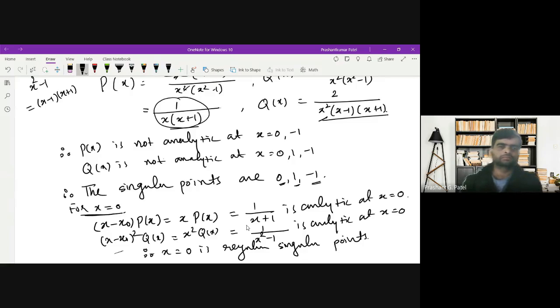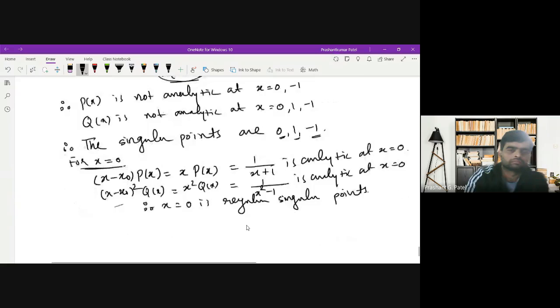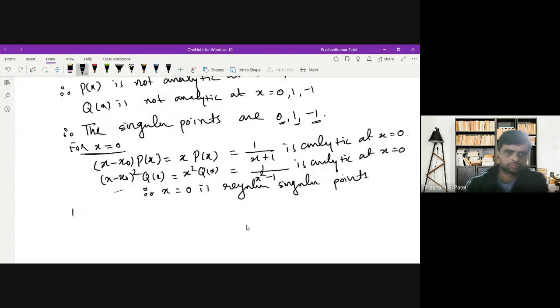Okay. Now similarly you can check for x is equal to 1 what will happen, and x is equal to minus 1 what will happen. So for x is equal to 1, it is x minus 1 into p of x.